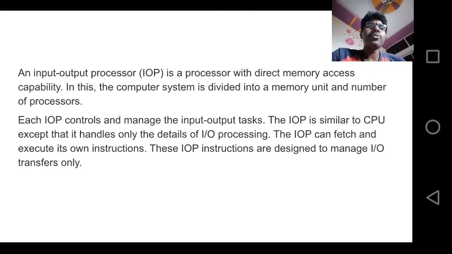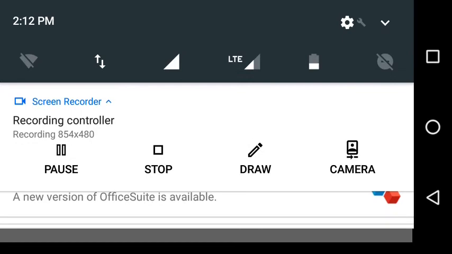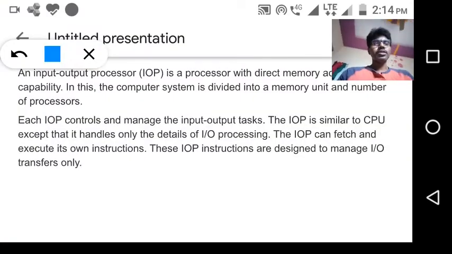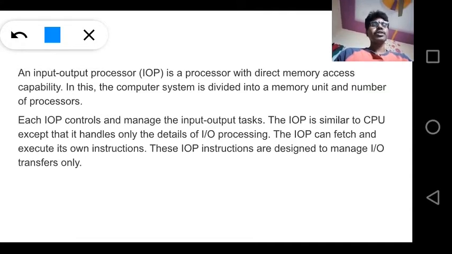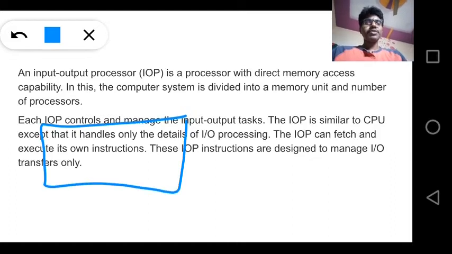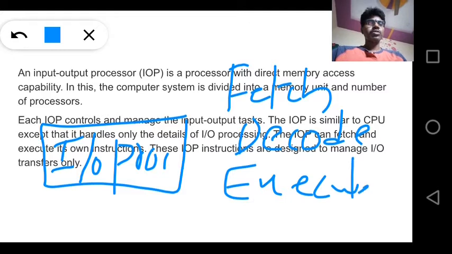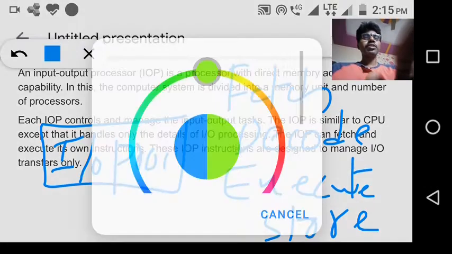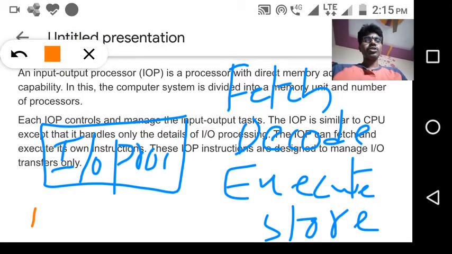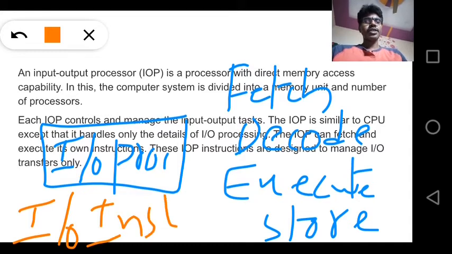The IO processor is similar to a general purpose processor except that it handles only the details of IO processing. The IO processor can fetch and execute its own instructions. It is the most important thing. So that is the specialty. If this is my IO processor, it can fetch, decode, execute and store only IO instructions, just like a normal processor.